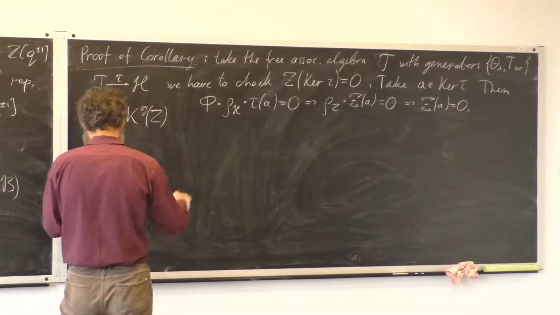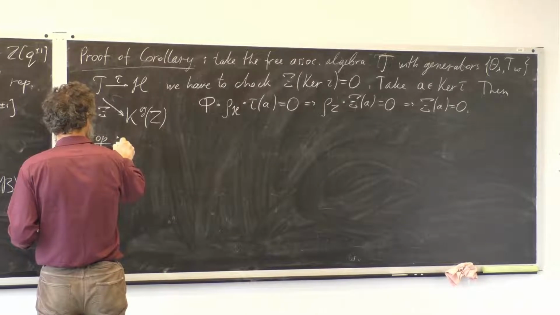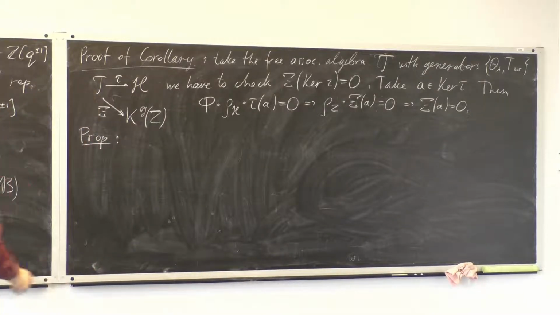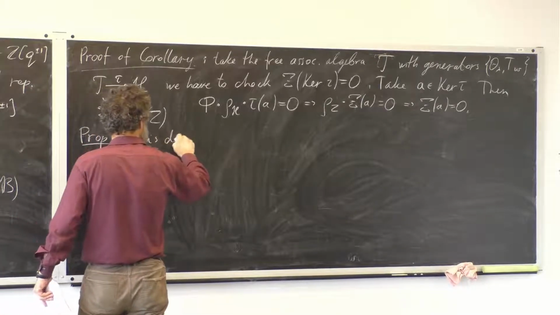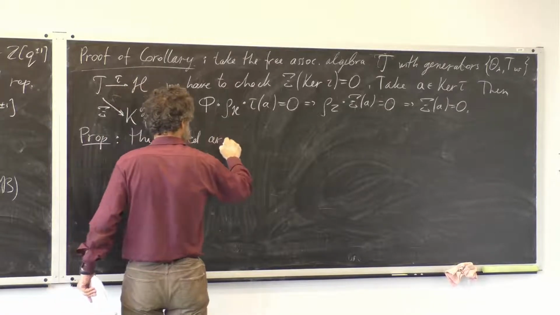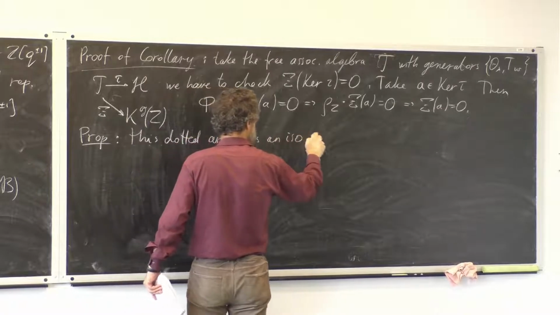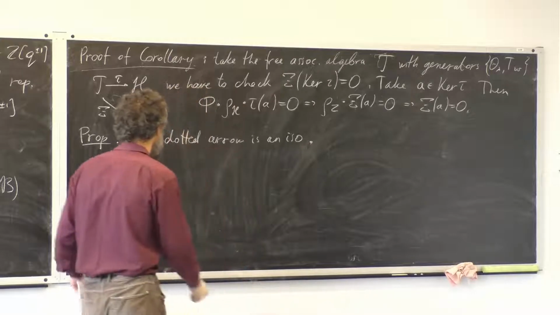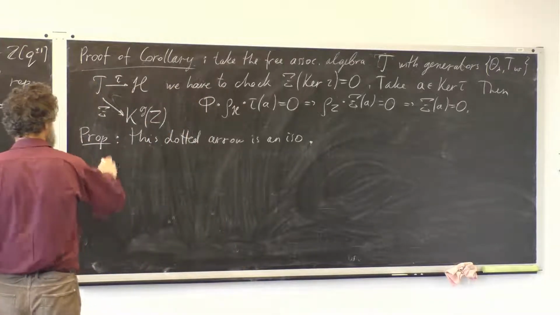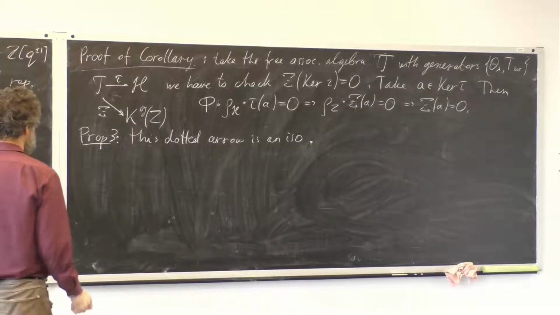So now the last proposition is that this dotted arrow is an isomorphism. So let's start with the proof of the third proposition, and then move to the others.